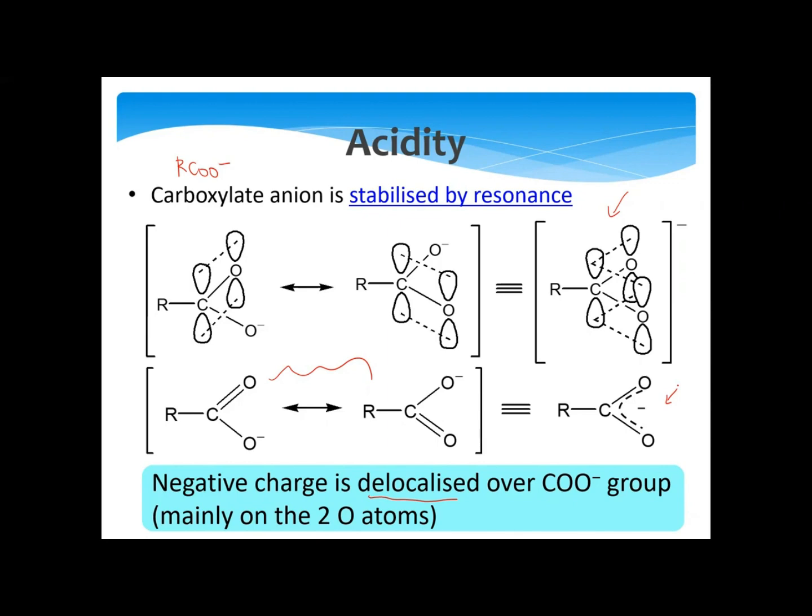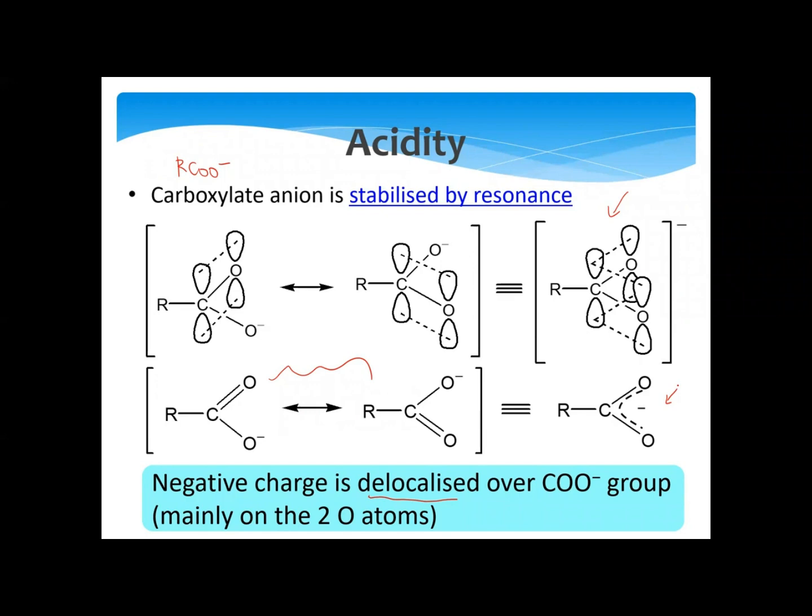The minus charge is not on any specific oxygen, but rather spread out over the COO minus group. So there is a factor stabilizing this anion, which is why, compared to alcohols and phenols, this stabilization by resonance will cause the carboxylic acid to be a stronger acid. So when they ask you to compare acidity with alcohol and phenol, this is the reason we will give.